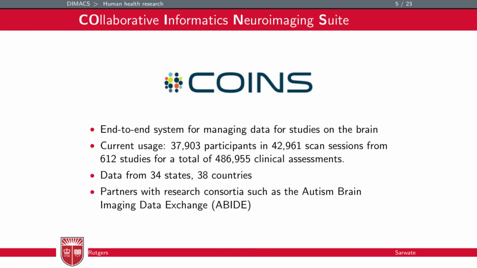And this system is partnered with existing research consortia. In particular, there's one on autism, and I think there's also one on addiction. So the goal is to extend this. So this is just like data warehousing. There's no computation really going on here.